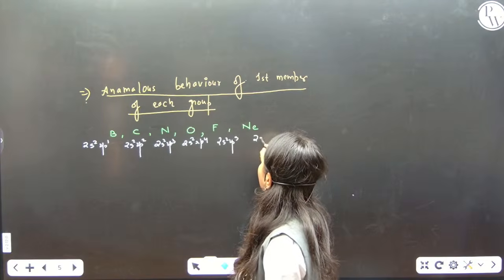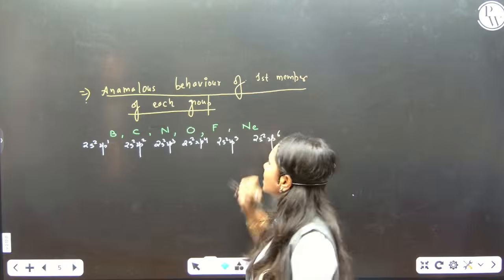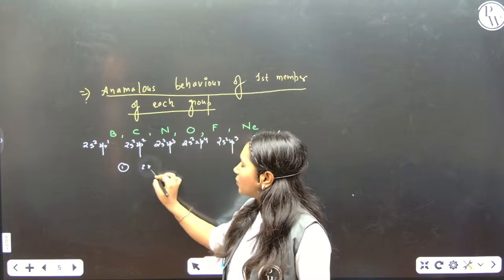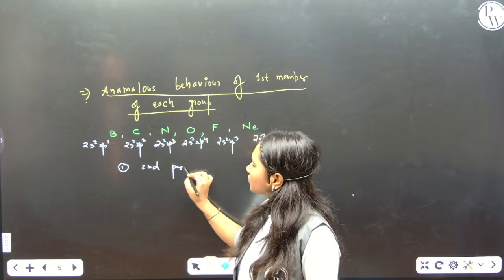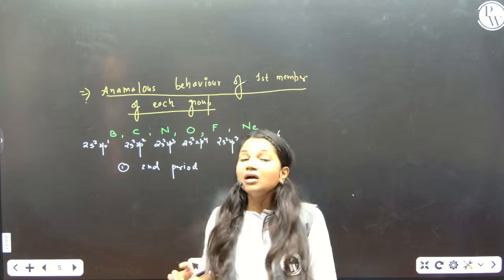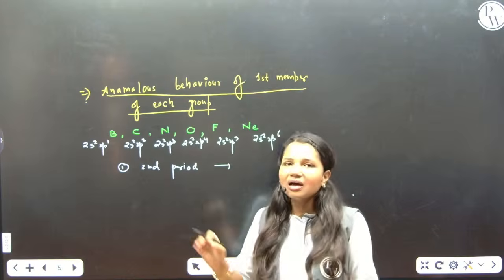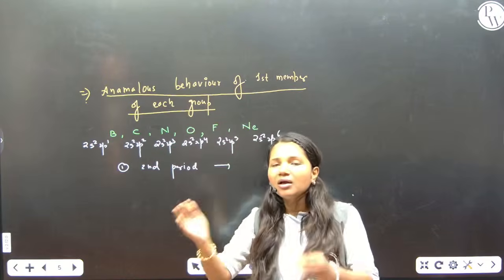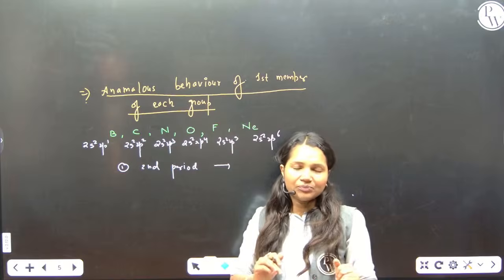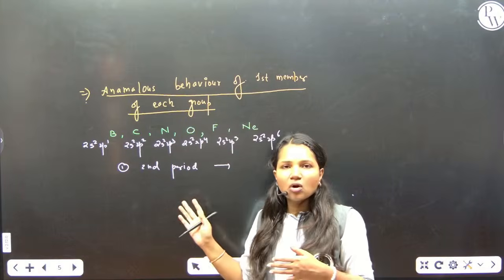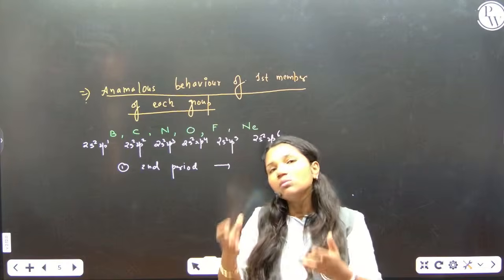One thing common is that they all are from the second period, so they are comparatively small compared to their respective group elements. They are supposed to be small, but they are extremely small.